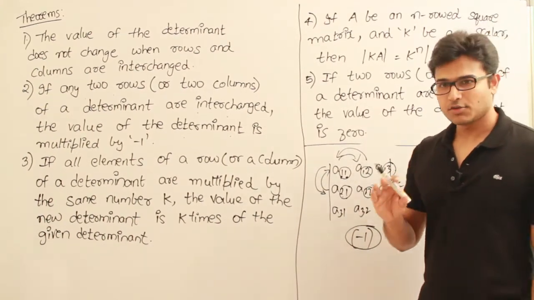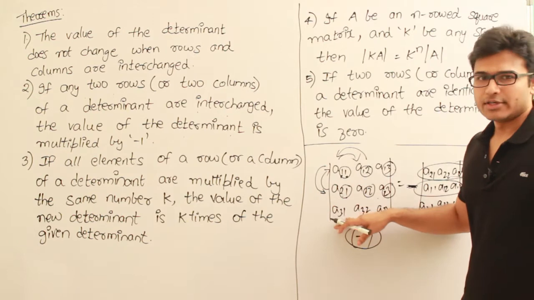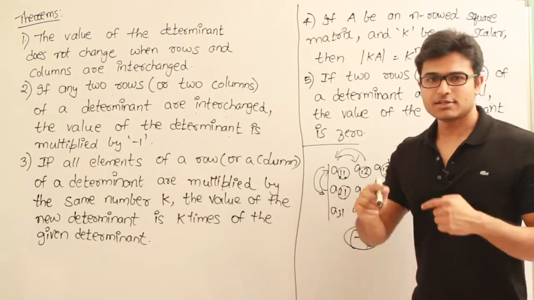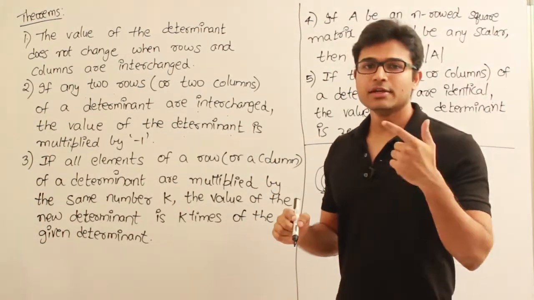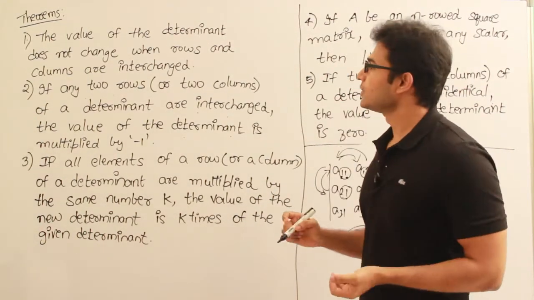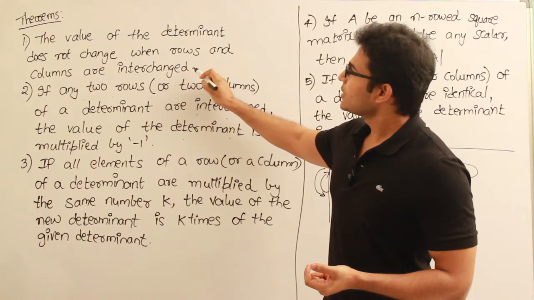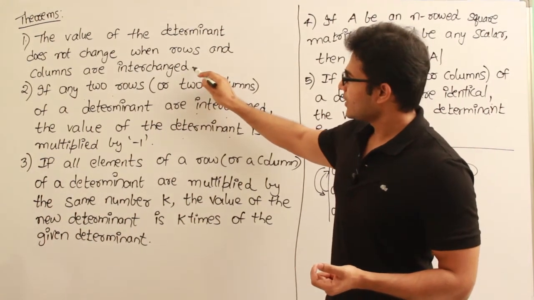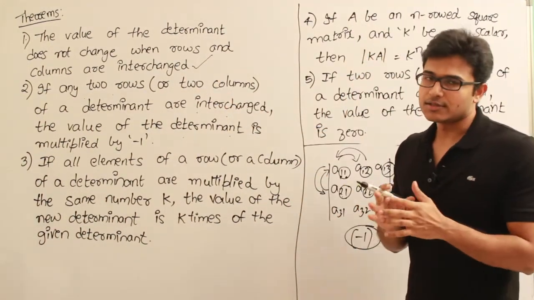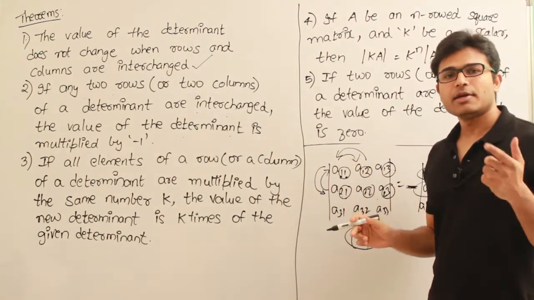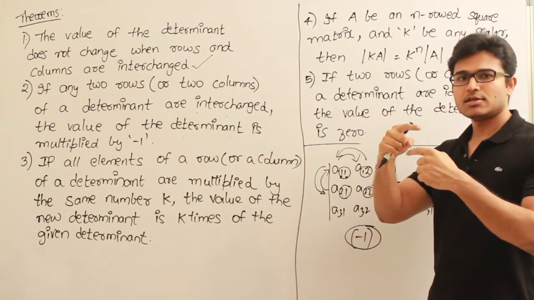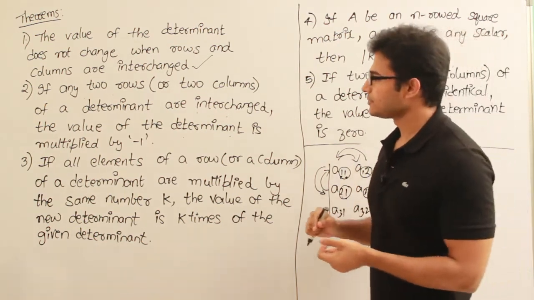Okay, if you understood this well, otherwise leave it. You just remember it. If you interchange two rows or two columns, you can think that the determinant is going to become negative. So the value of the determinant does not change whenever you find the transpose of a matrix, and it is going to be multiplied by -1 if you interchange two rows or two columns.